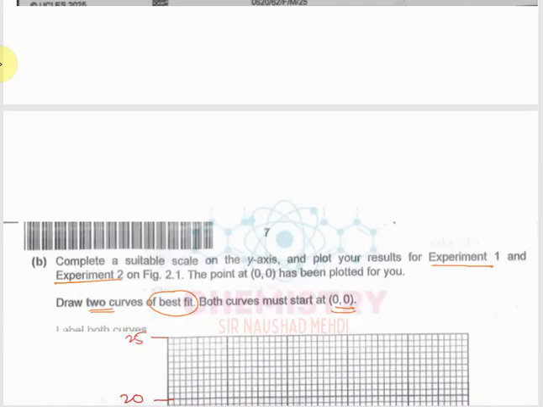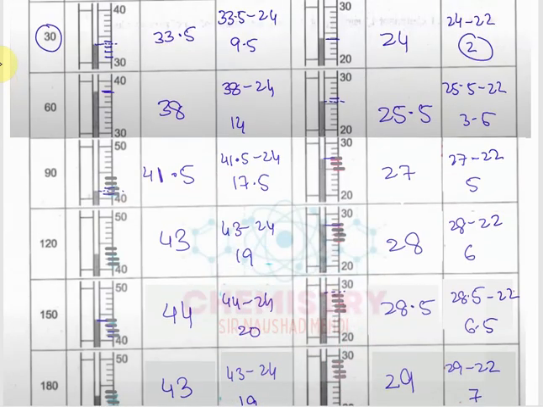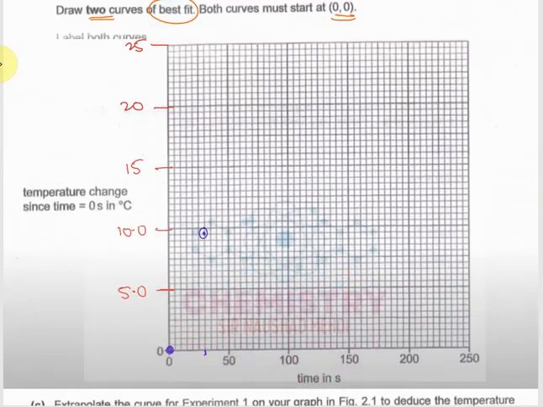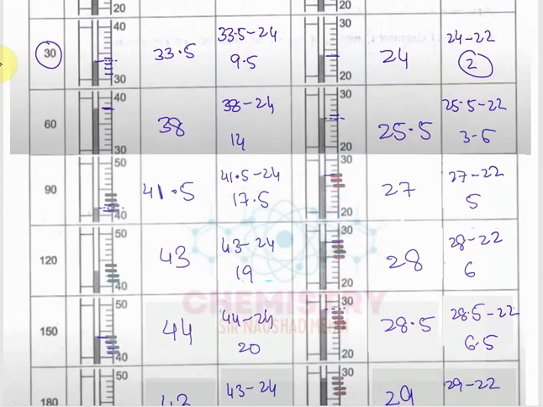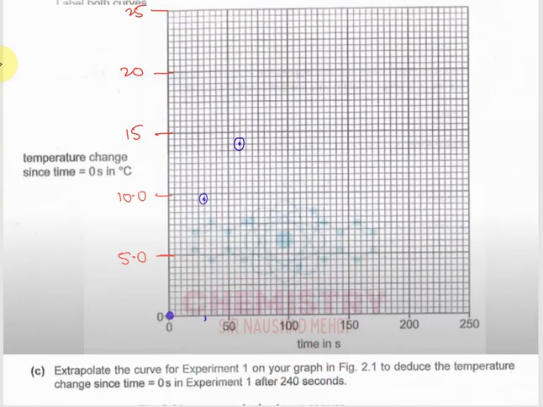Okay, and then at 60 we have 14. At 90 we have 17.5. So here we have 17.5.